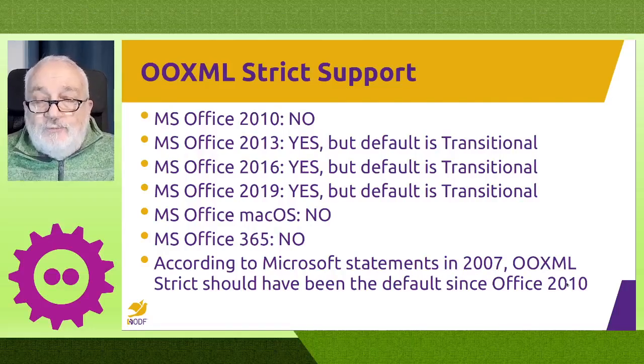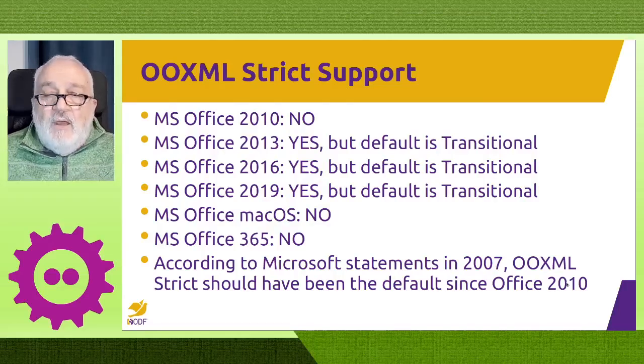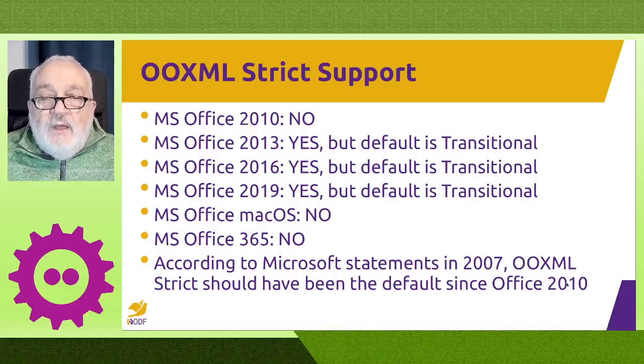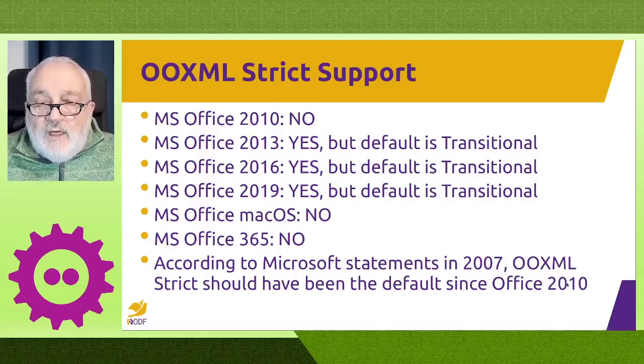And although there was an official statement by Microsoft in 2007 telling that Strict would be deployed since Office 2010, we are 10, 11, 12 years later, and we still see this Transitional, non-standard, fully proprietary format being implemented by Office.